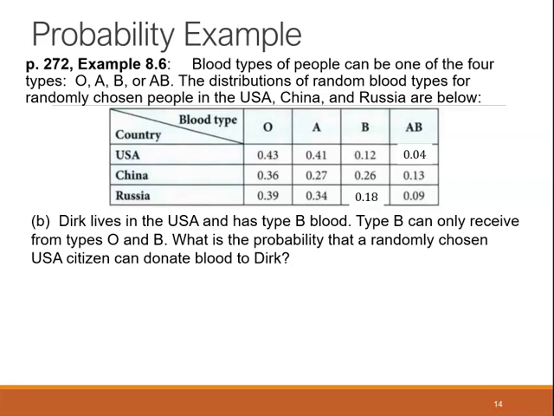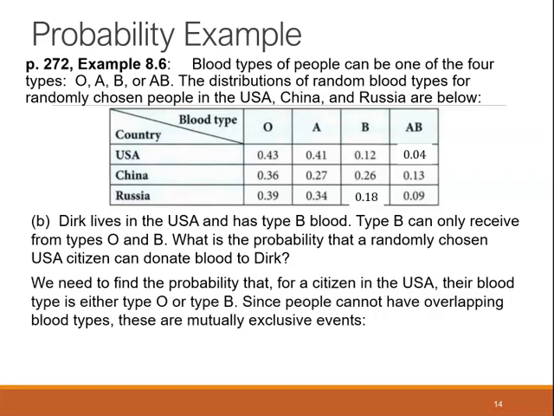So you're asking to find the probability that the donor is O or B. If it's an or, we need to consider whether the events are mutually exclusive or not. Are blood types mutually exclusive? Yes, you can't be 2 different blood types at the same time. So all we need to do is add up the probability of O plus the probability of B. So 55%.